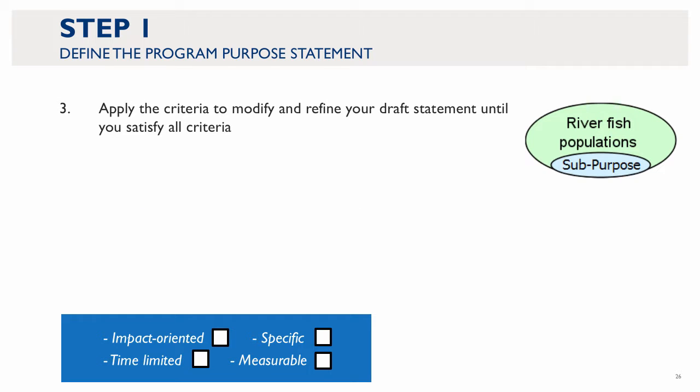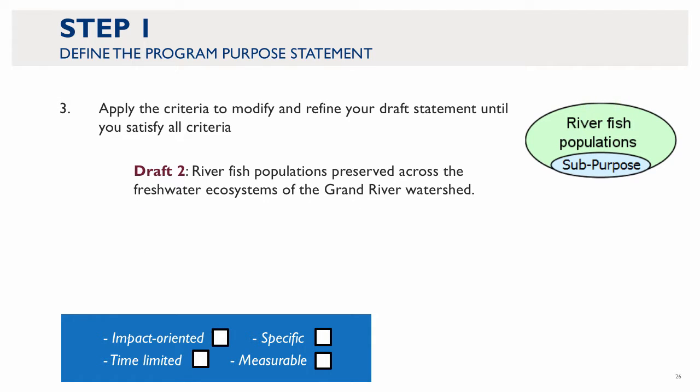A second draft might read, river fish populations preserved across the freshwater ecosystems of the Grand River watershed. This is starting to get more specific. It clarifies that the program is interested in fish residing in freshwater ecosystems of the Grand River watershed. But it could be more specific, and it still needs to be time-limited and measurable.